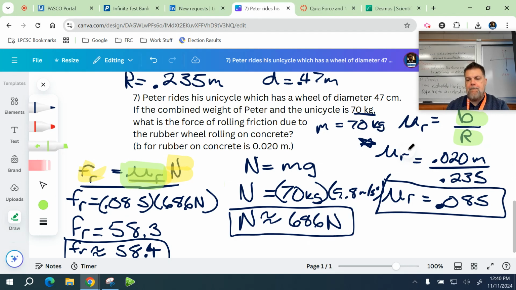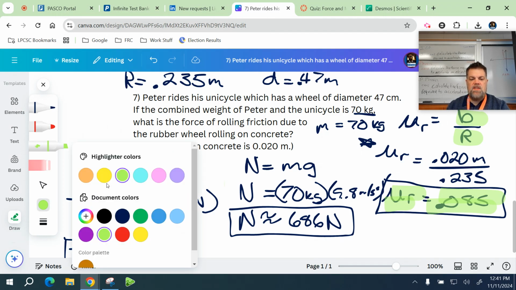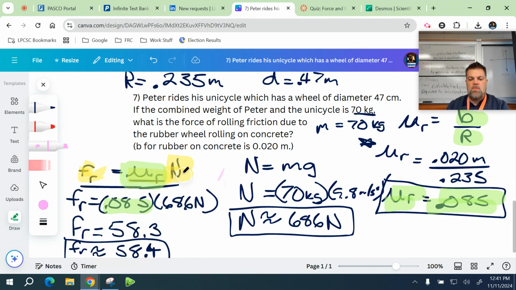And when we did the math on that, we got that the coefficient of rolling between rubber and concrete is 0.085. And so we would plug that in the formula. The next thing that we needed to do was find the normal force.